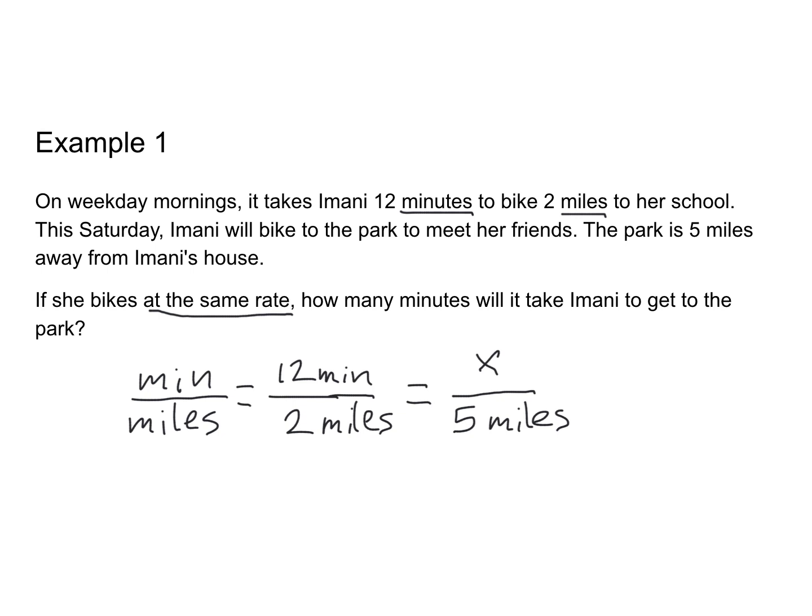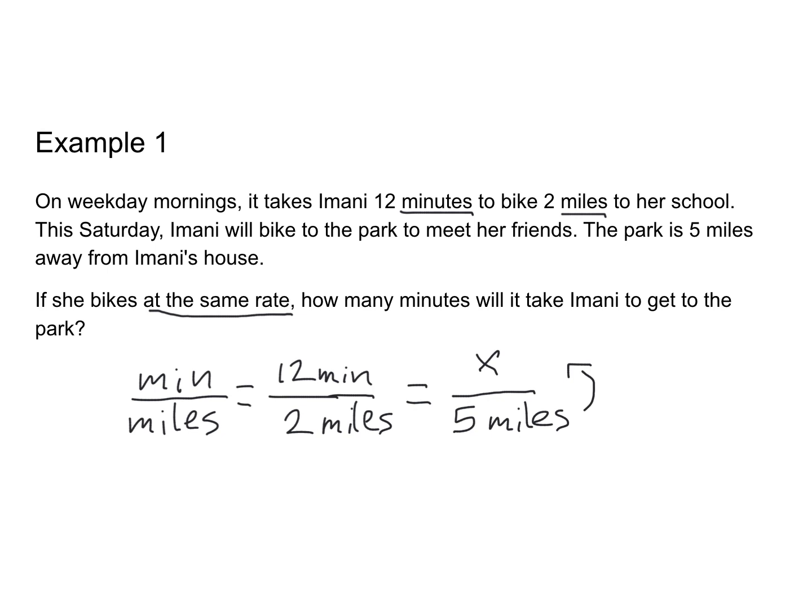Now is when we can get creative to think, how are we going to figure out what x is? There are multiple ways to do this. What I'm going to think right now, actually, is I know that to go from 2 to 12 is going to be the same thing as going from 5 to x. So I'm going to think, what do I multiply by to go from 2 to 12, or 2 times what is 12?